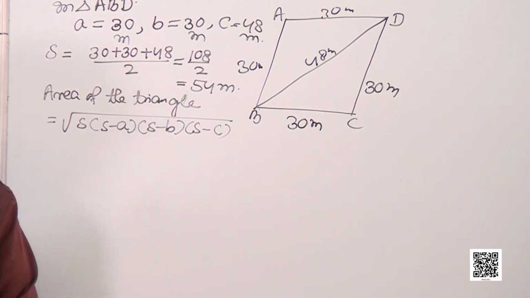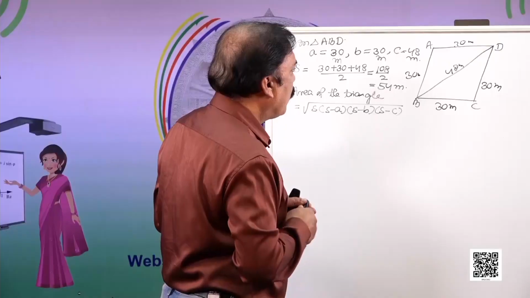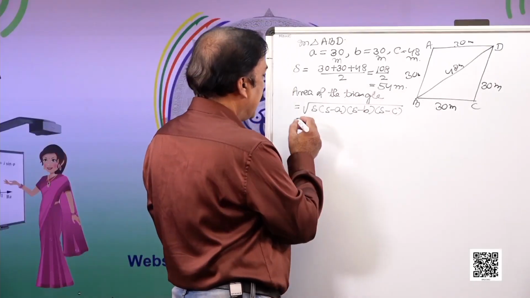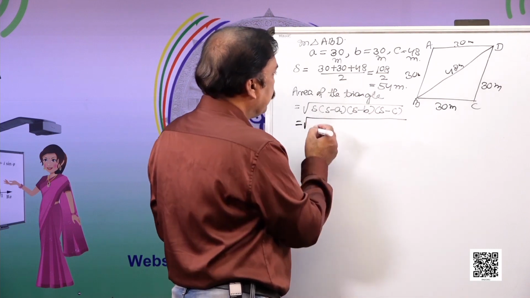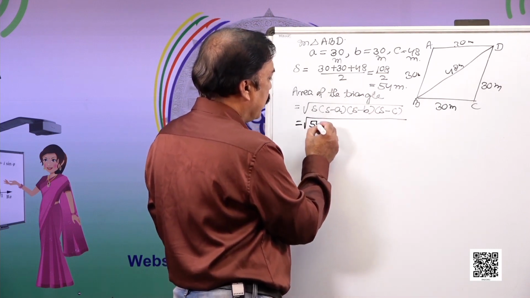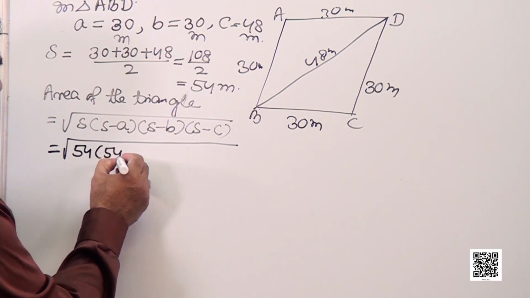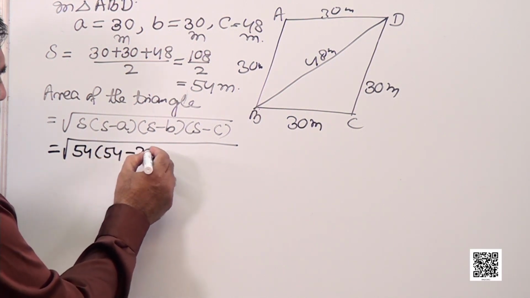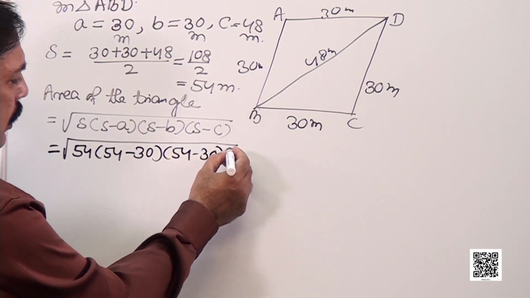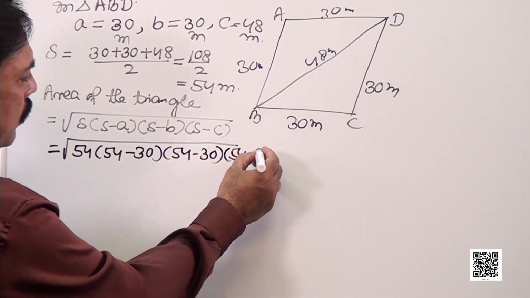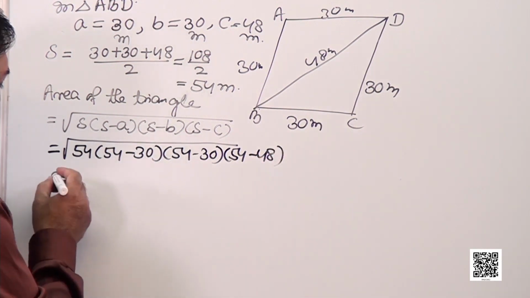Now let's substitute the values of s, a, b and c: 54 into (54 minus 30) into (54 minus 30) into (54 minus 48).